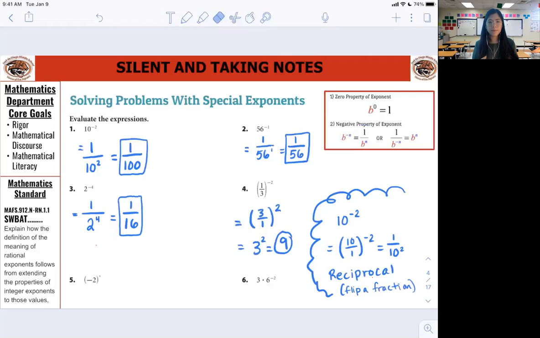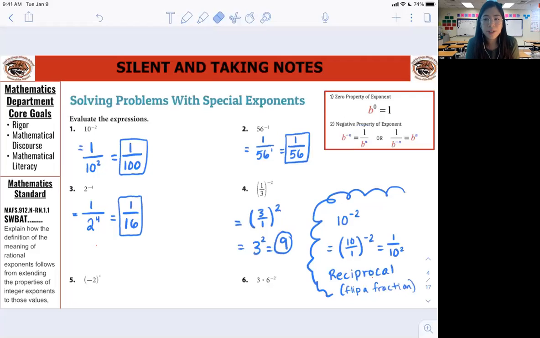Notice that? The whole numbers became fractions, and then our fraction became a whole number. So whichever number you start off with, it's going to flip. Everything that was in the numerator goes down to the denominator. Anything that was in the denominator goes up to the numerator. And that is what negative exponents do. That's what they're for.